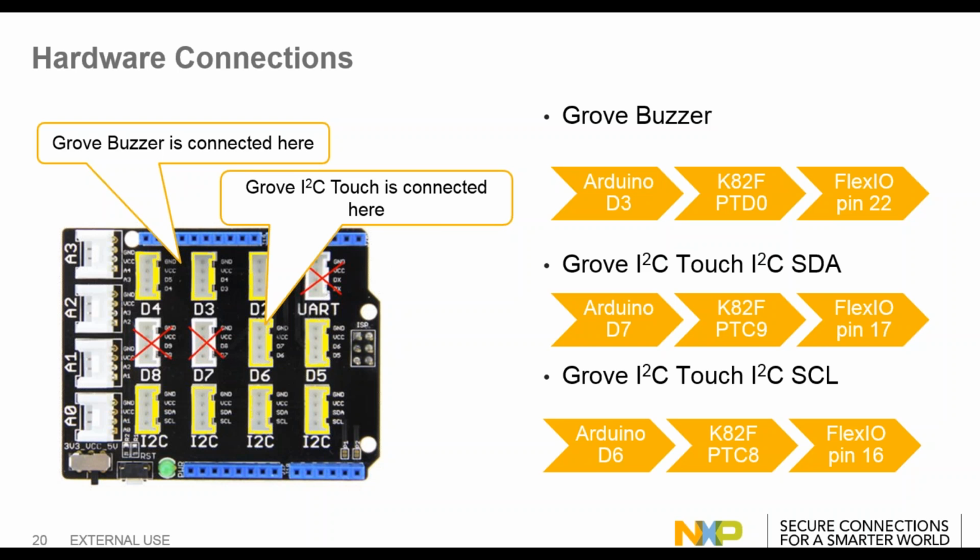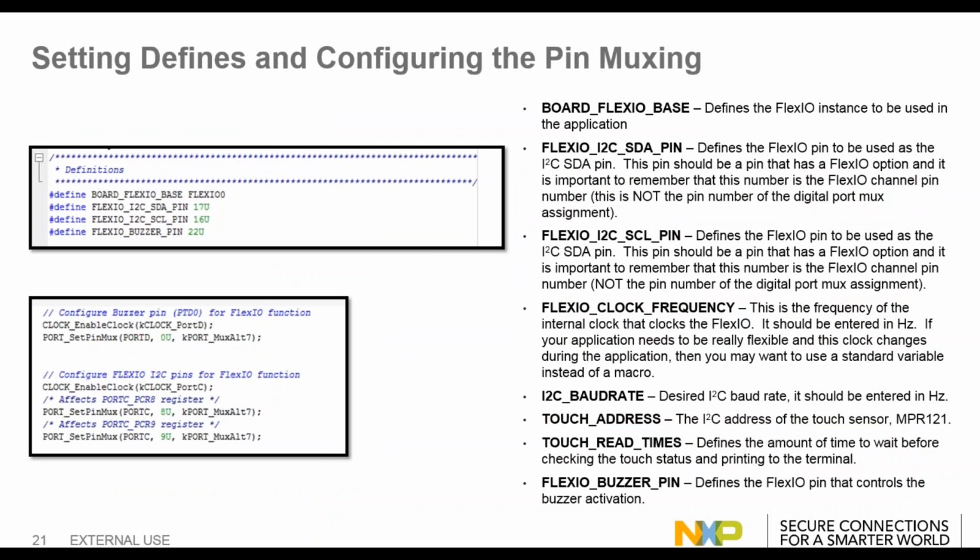So the concept here is there are real physical connections that you need to understand, where you place these sensors on the Grove Shield board, and those get physically connected to MCU pins, and then at the software level you can set FlexIO functions on those pins. And this is all relevant information that gets translated into defines in our software.